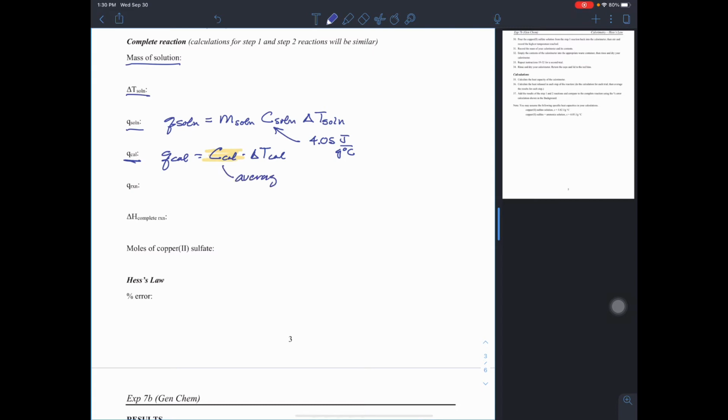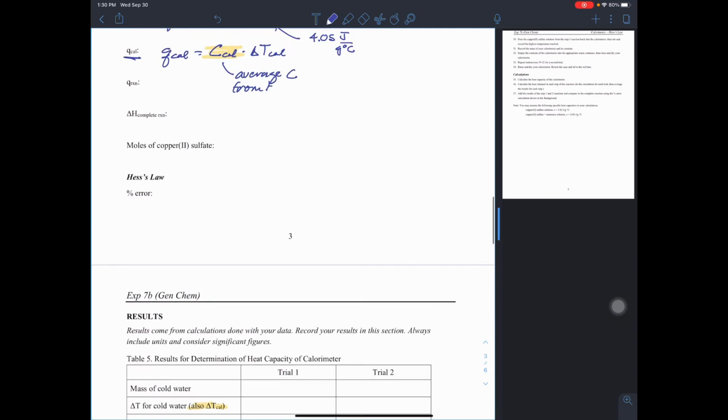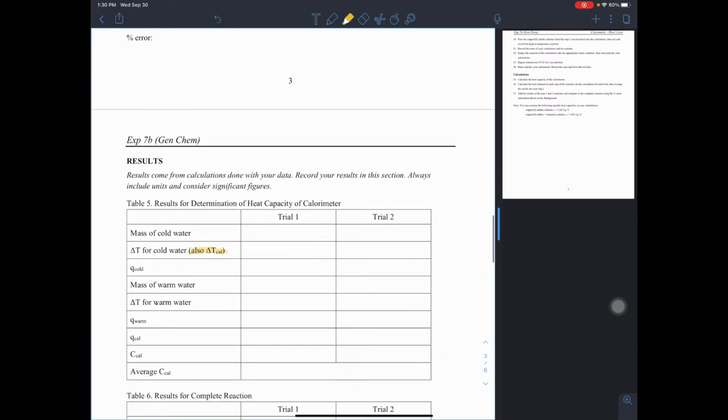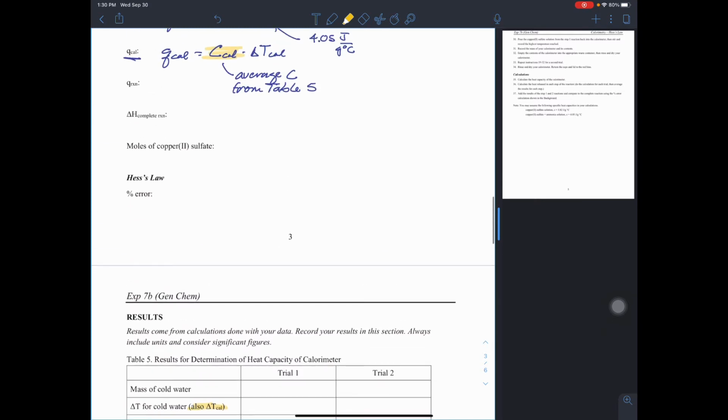We're going to use the average C from the first part. Well, let's be more specific, from table 5. So that's this one right here. So that's the average C.